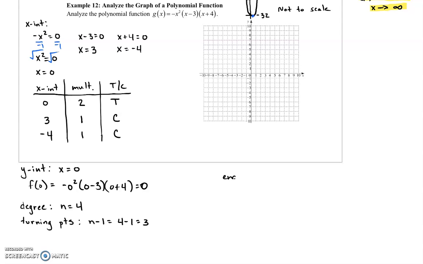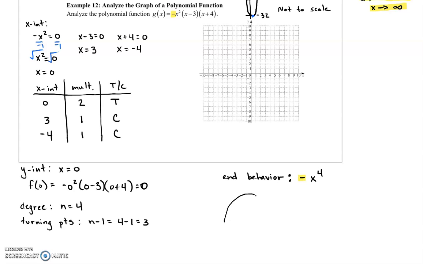And now our end behavior. So our end behavior this time is like a negative x to the 4th. Why is it like a negative x to the 4th? Because we have this negative in front of everything. So what happens with a negative x to the 4th?